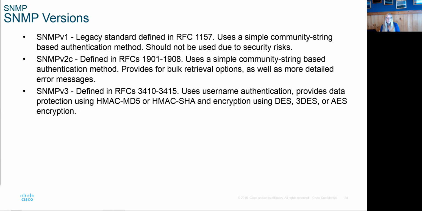SNMP version 3 should be the only version of SNMP that you use, because SNMP v3 has the ability to authenticate and encrypt its payloads, whereas where SNMP v1 and v2 are employed, a bad guy could sniff the network traffic, determine the community string, and that compromise could lead to a man-in-the-middle attack or a replay attack.